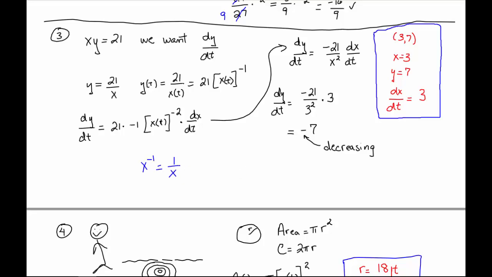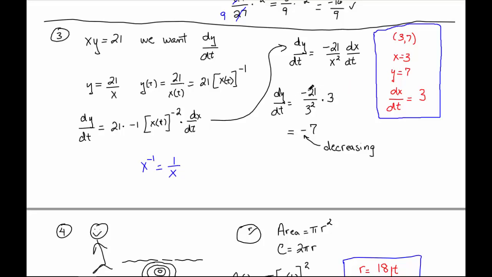So then when I differentiate, we get the derivative of y with respect to t. The 21 just sits there. The minus 1 would come in the front, the function that was there before, and then minus 1 more makes it minus 2, times the derivative of the thing on the inside.